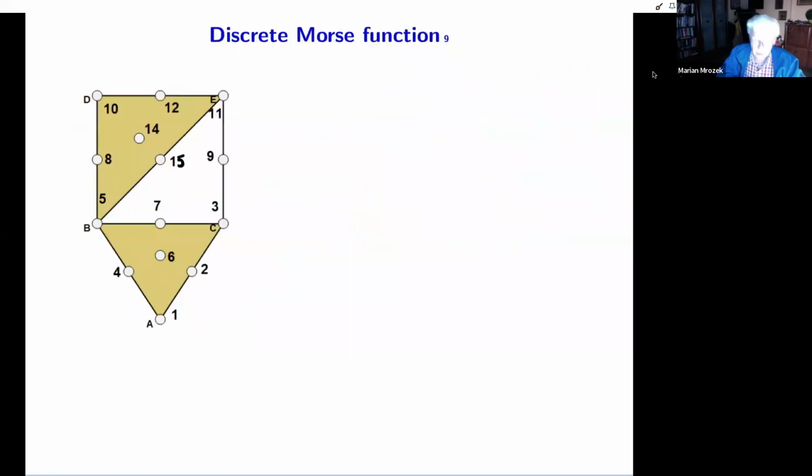And now, this is the combinatorial vector field, but there is also an analog of the discrete Morse function.